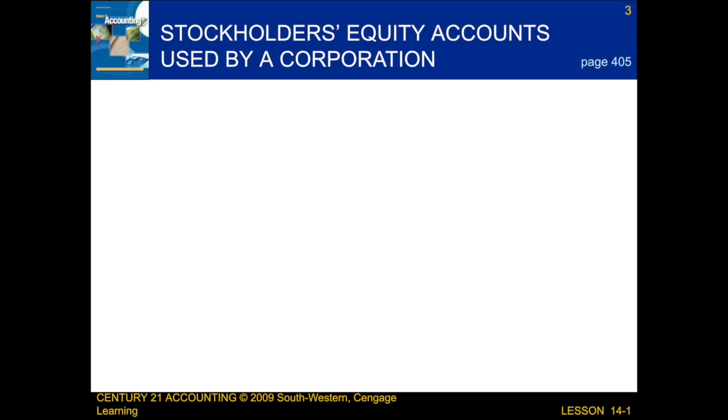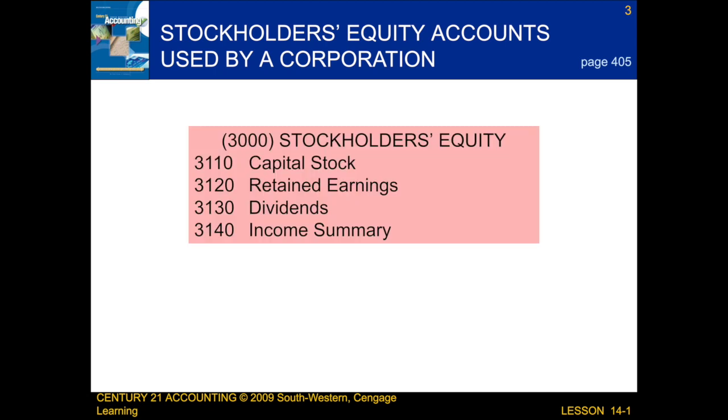All right, next we're going to be talking about the stockholders' equity accounts that are used by a corporation. So what we're looking at here is a list of the stockholders' equity accounts that are used by a corporation. And now that we are dealing with corporations, what this means is that all stockholders' equity accounts will have 4-digit numbers beginning with 3.